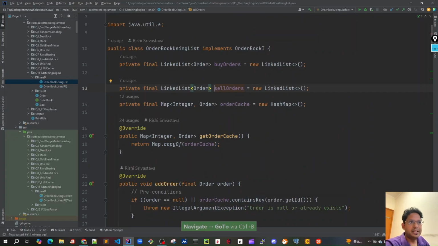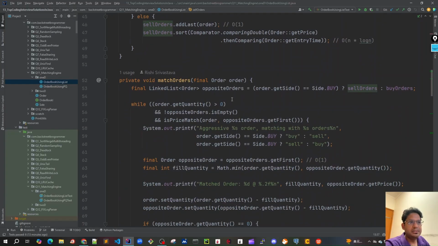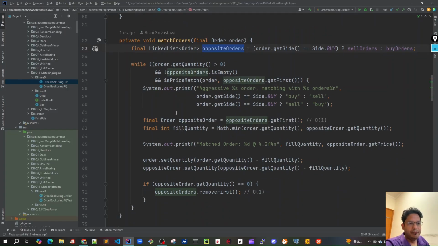So here is our sell orders, and this is the buy order. Whenever we want to match orders, if the current order side is buy, then the opposite side would be the sell orders linked list, and vice versa. If you are receiving a sell order, then the opposite would be the buy orders list. So this is how we get the opposite orders, and then we know what the criteria for matching is.